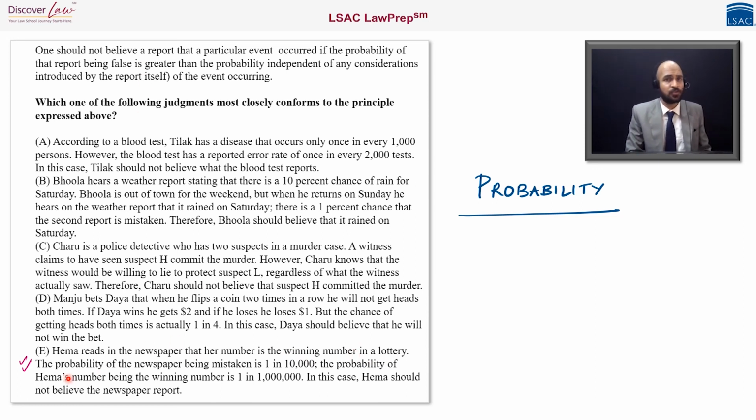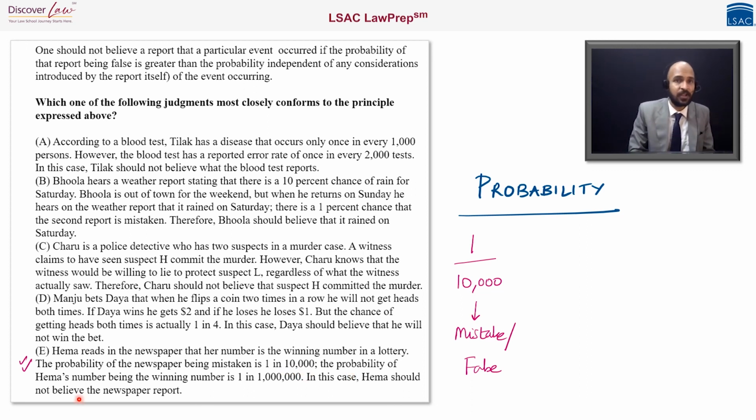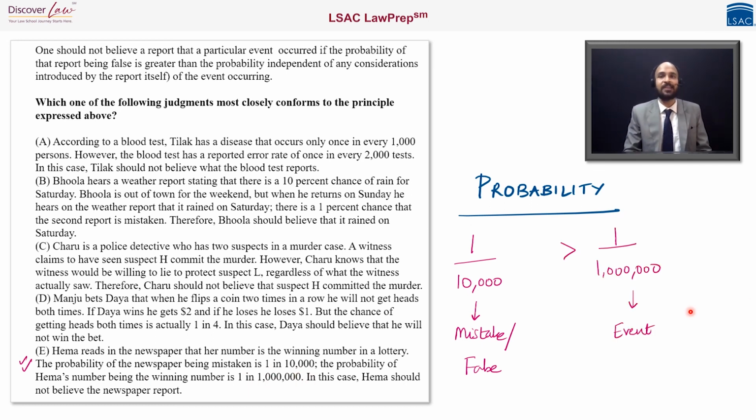And then it goes on to say the probability of the newspaper being mistaken is 1 in 10,000. So the probability of falsehood, like we saw, is 1 in 10,000. And then it says the probability of her number being the winning number is 1 in 10 lakhs. So 1 in 10 lakhs is the probability of the event. As you can see, 1 by 10,000 is greater than 1 by 10 lakhs.